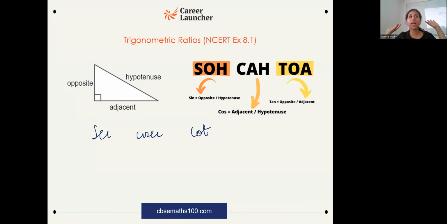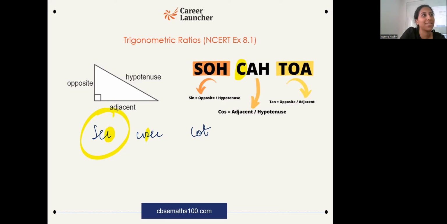These sine, cos, tan are the three main ratios you should know. What are the other three ratios? Other three ratios are sec, cosec, cot. Check the third letter. The third letter over here is C. C is for cos. So cos is reciprocal of sec.